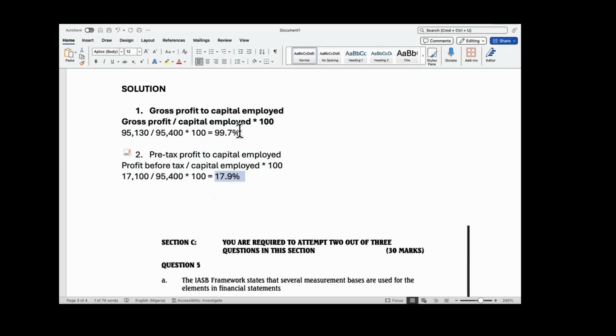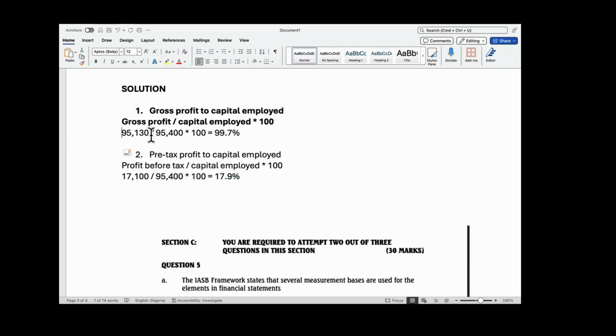But there's a dramatic fall between this gross profit to capital employed and pre-tax profit to capital employed. It's huge. What will have caused that? That shows that the capital employed didn't change.